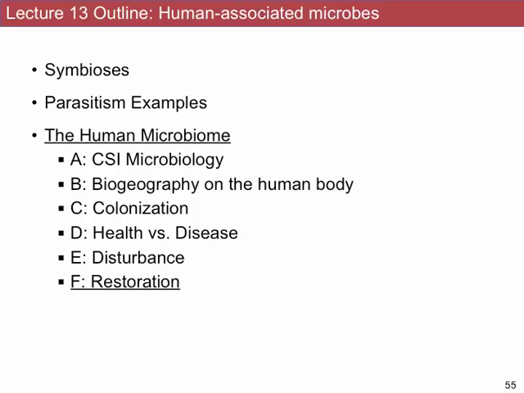Even if you don't know what caused it, you can compare people to healthy people and possibly flag individuals as having an unusual microbial community. And let's say you want to restore their community to something that you consider more healthy, or potentially more healthy.